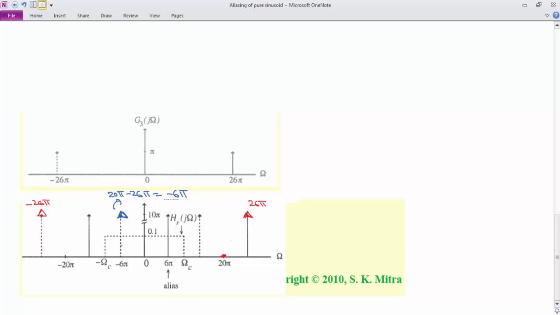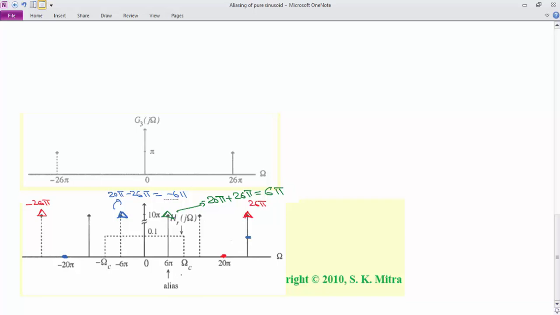So this version that is appearing here is actually a folded version of this frequency, and it has folded so much that it has gone onto the negative side. And similarly, there will be a copy at minus 20 pi, and the rightmost side of that copy will be minus 20 pi plus 26 pi, which equals 6 pi.